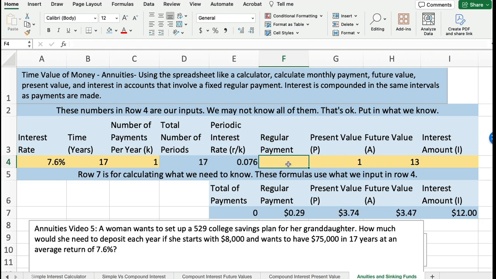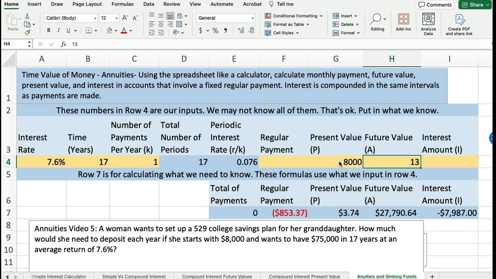Anything that you're solving for, leave blank for now. The present value is whatever she starts with. So this says she's starting with $8,000. Sometimes the problem doesn't say what you're starting with, so you can assume that you're starting at 0 if the problem does not state it. So we're starting with $8,000.